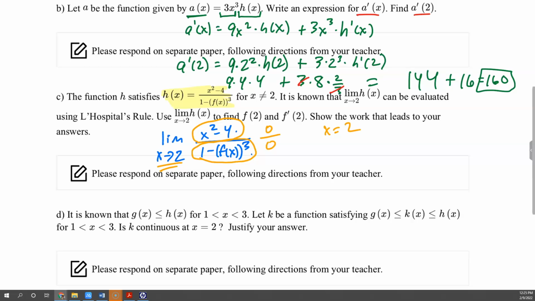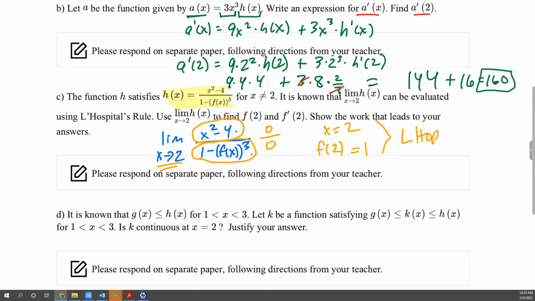That's tricky because they didn't tell us that. And the x that I'm plugging in is 2. So when f of 2 equals 1, I can use L'Hopital, which can be shortened to L-Hop. That's his rapper name.